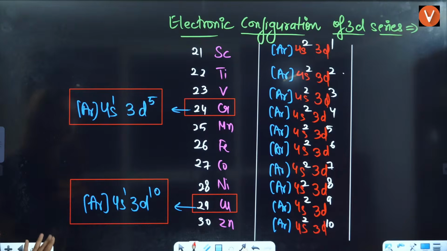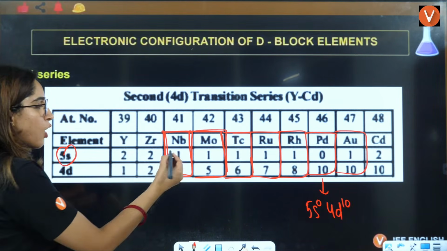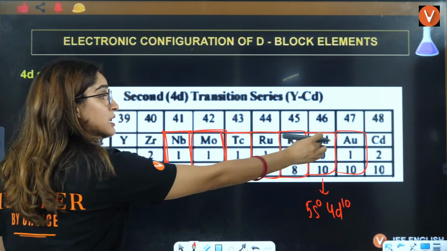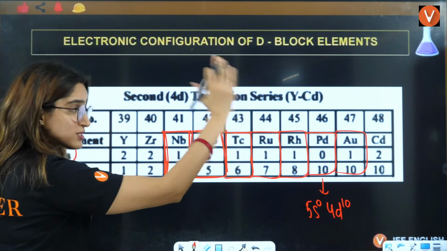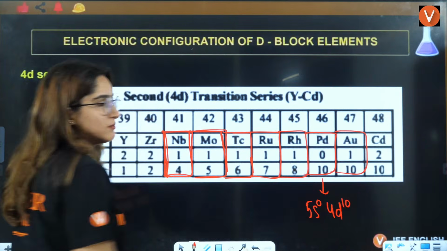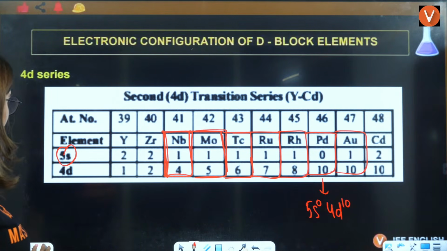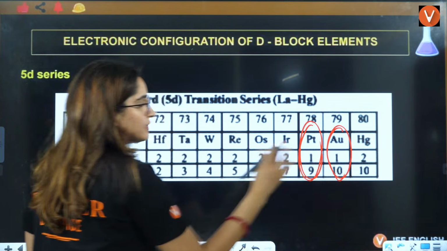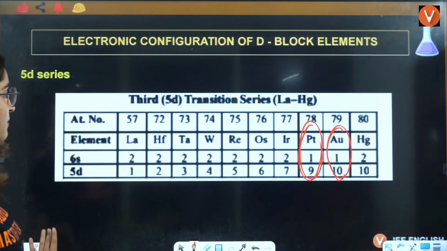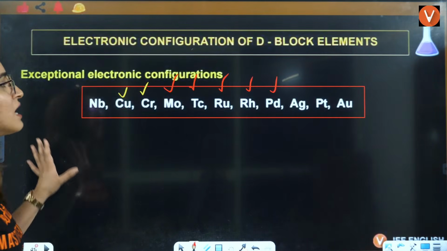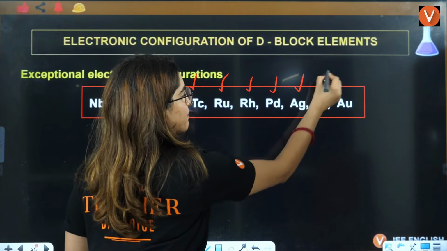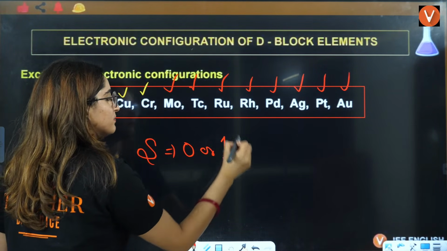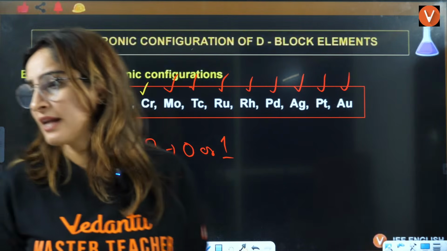Similarly, here we have too many exceptions: 1, 4, 1, 5, 1, 6, 1, 7, 1, 8, 0, 10, most exceptional. Then 1, 10, and here we have 1, 9, 1, 10. So these are your exceptional electronic configurations that you must remember. Here either S will be 0 or 1.